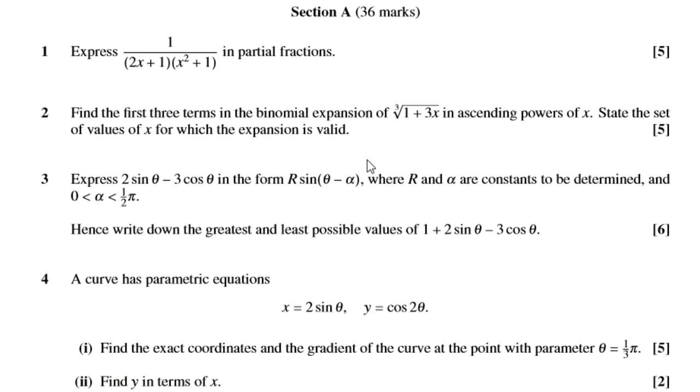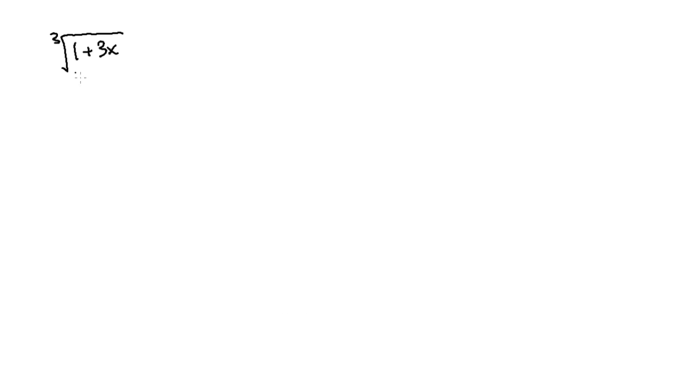Question 2, find the first three terms of the binomial expansion of that in ascending powers of x. State the set of values of x for which it is valid. So to find the binomial expansion of this, we first need to put it in the form of powers. So this is 1 plus 3x to the power of a third, because this is the cube root.